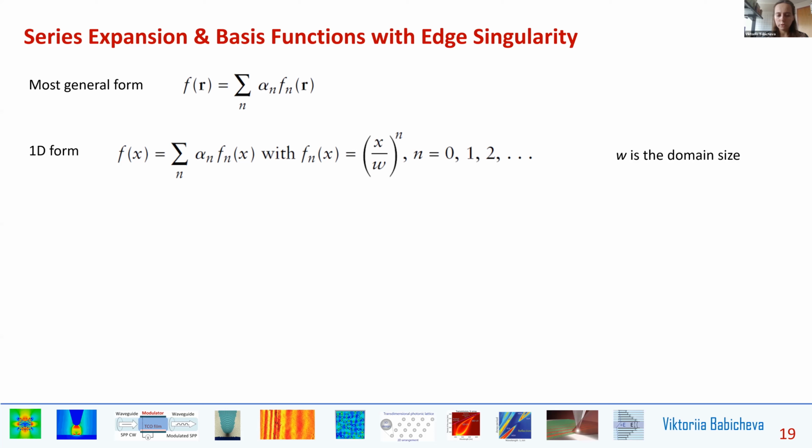and this is a more general form of expressing an unknown distribution. One may write a power series expansion of a one-dimensional function in this way, where W is the domain size.